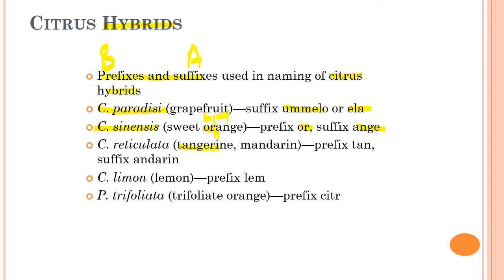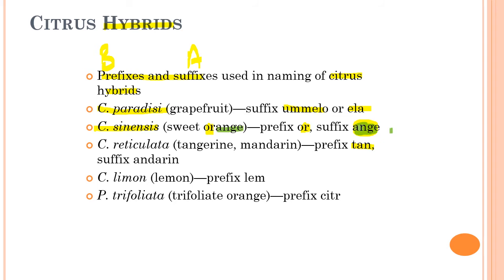Reticulata, tangerine or mandarin. We take the tan, which is for tangerine. Even for oranges it is the same thing. You take or as a prefix, and if you want a suffix, it's ange. So you take this one or this one when you name it.